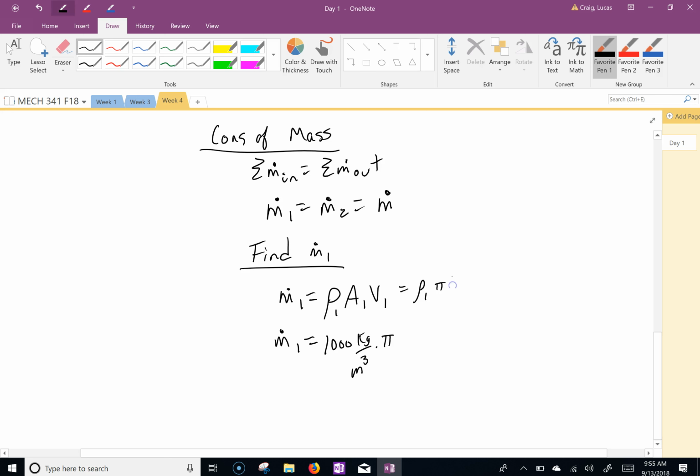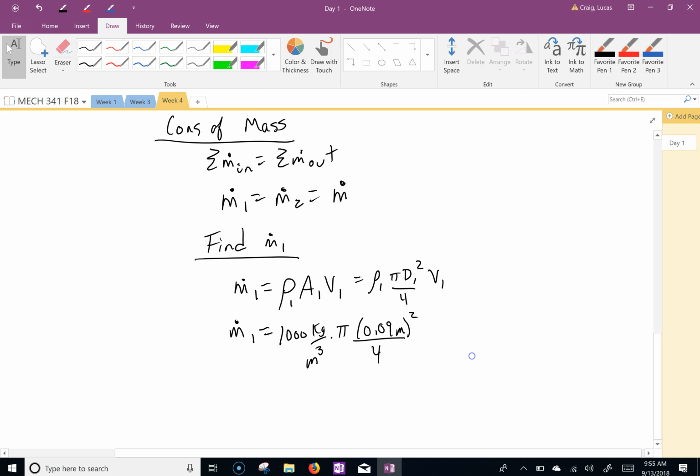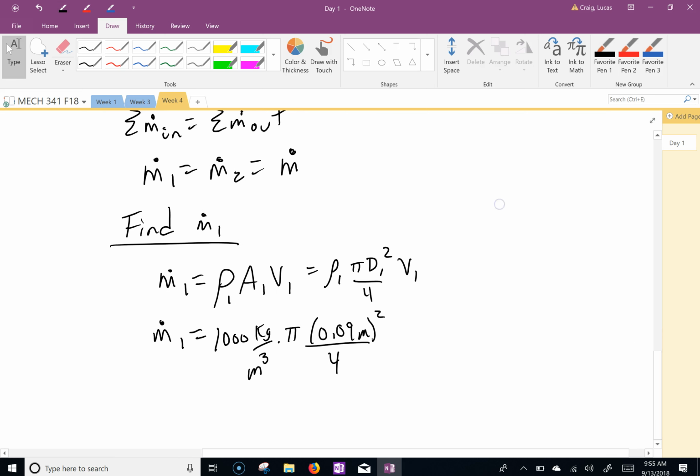Is it pi d squared over 4? Yeah, let's do that. So diameter 0.09 meters squared over 4. And then times 6 meters per second. Did I miss something? Nope. And you end up getting 38.17 kilograms per second.